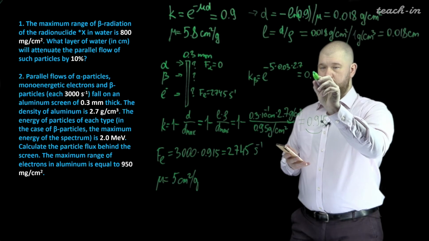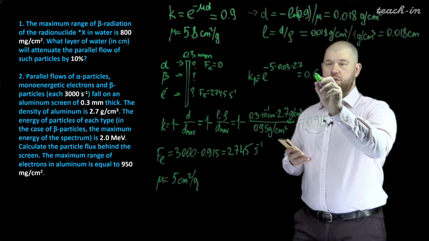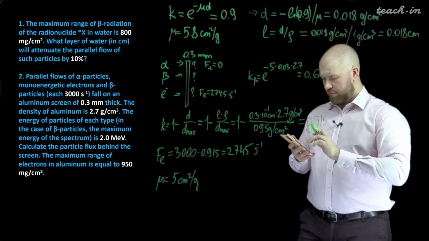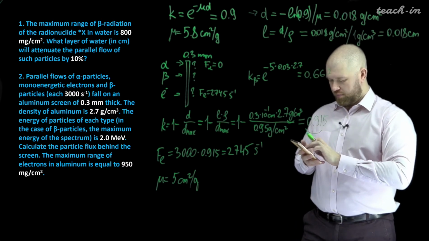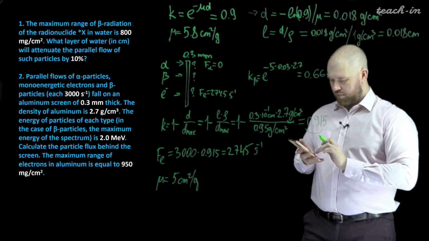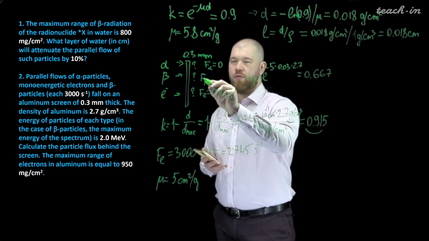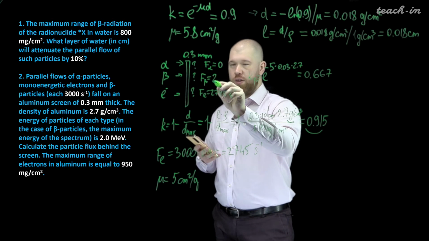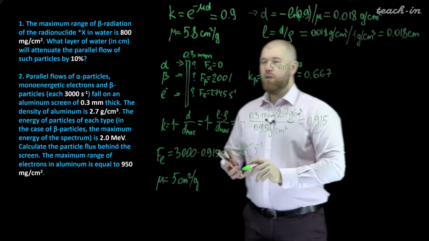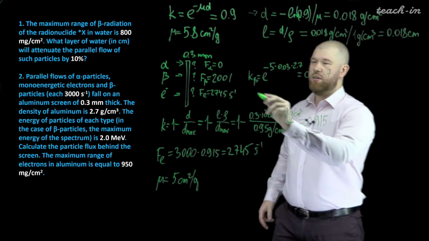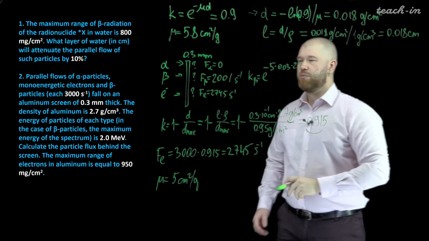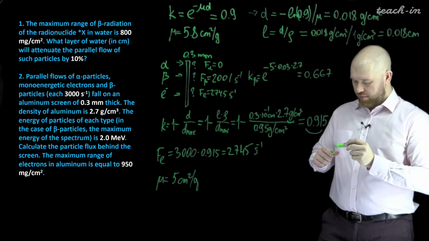So it will be equal to 0.667. And when we multiply it by 3000, it will be equal to 2001 beta particles per second.